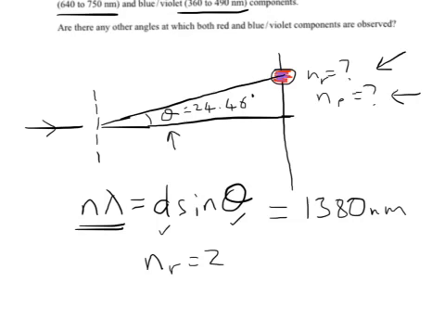So n for red equals 2, and the n value for the violet or blue works out to be 3.